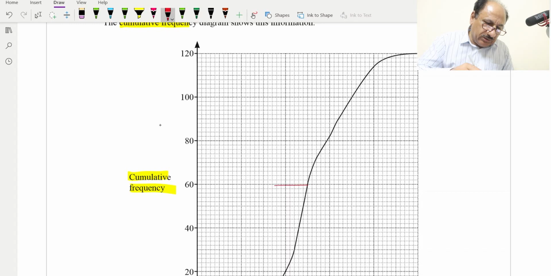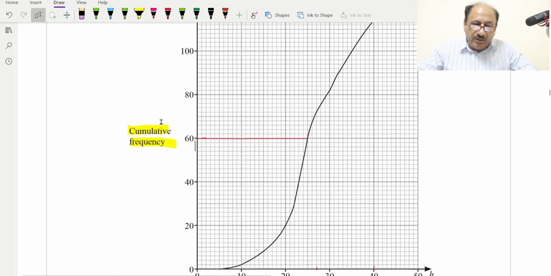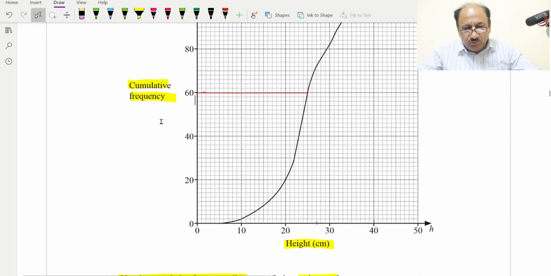I will be marking it over here, which is 60. It's a little low, so I will redraw this so that it is accurate. And keep in mind, graph questions and cumulative frequency questions require a lot of accuracy, so you will have to be careful for the results of this. So this is basically the mark which we can join over here.